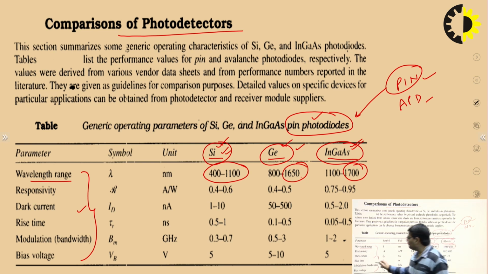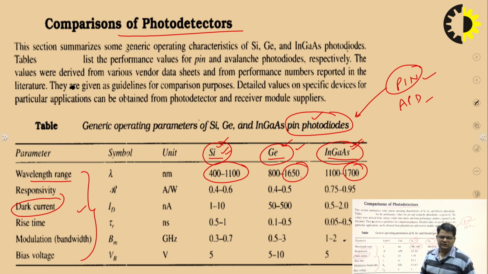Another important parameter is, for example, dark current. Dark current is basically the small amount of negligible current that may be available at the output of the photodiode even when there is no optical power incident over the photodiode. That means without the presence of light, there may be some negligible amount of current at the photodiode output.